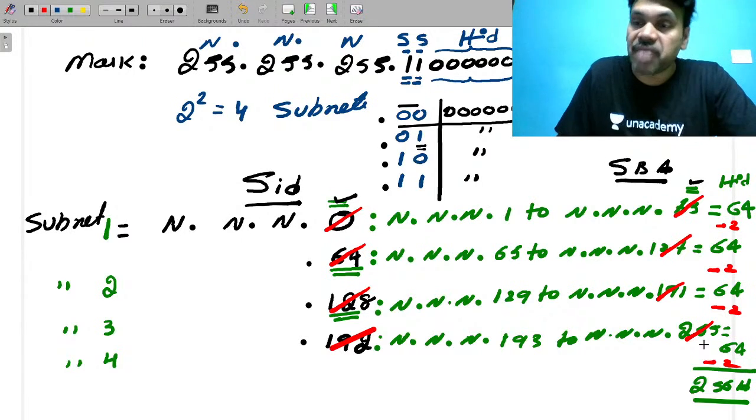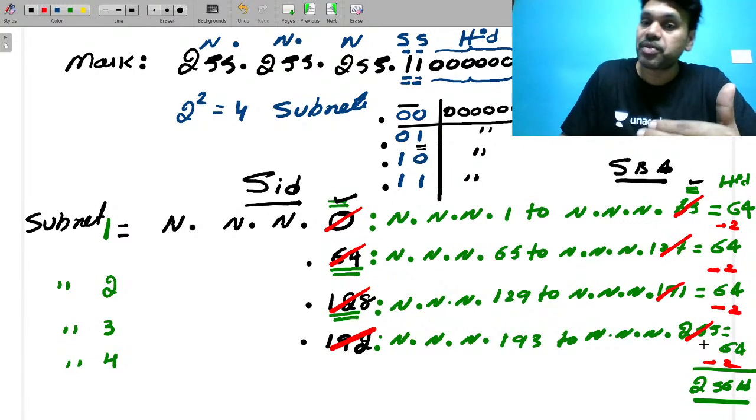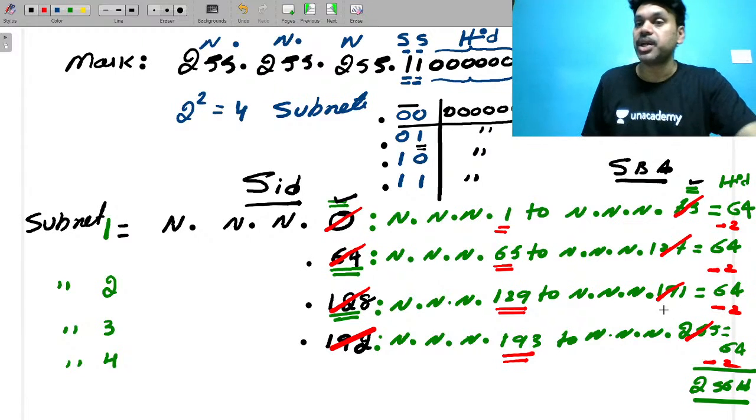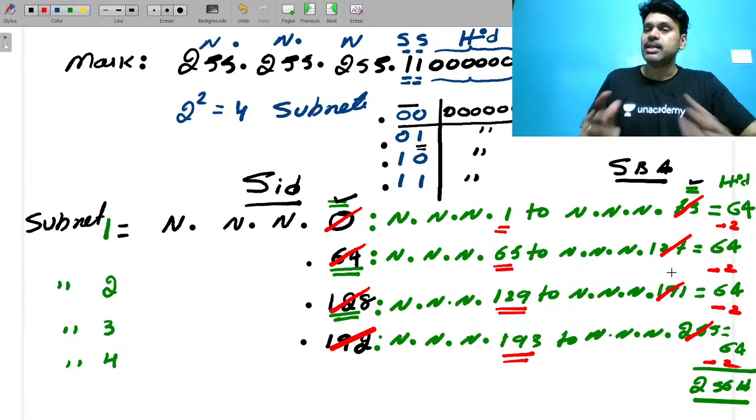So you can efficiently use 62 HIDs. After elimination of 2, you can use from 1 to 62, next 65 to 126, 129 to 190, 193 to 254. Starting number and ending number you have to leave. They are reserved IPs. That's it, my dear friends.